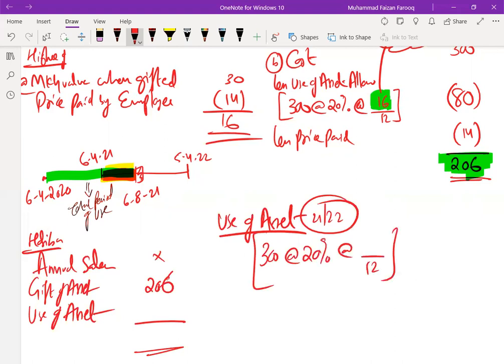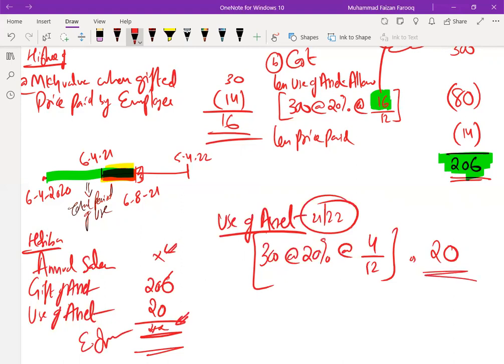So April, May, June, July, only 4 months. August is just started. So we will not consider August. 300 into 20% is 60 into 4 divided by 12. We are getting 20. So this is use of asset and whatever will be my employment income, because annual salary is not given, I just write it XYZ.